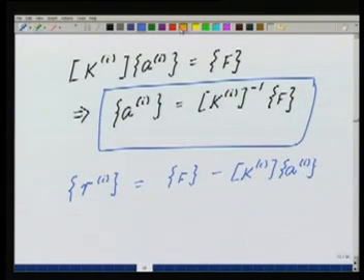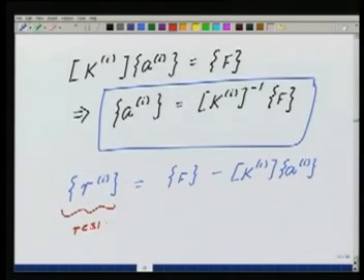What is this vector called? This vector actually gives me the error in the solution. So this is called the residue vector.